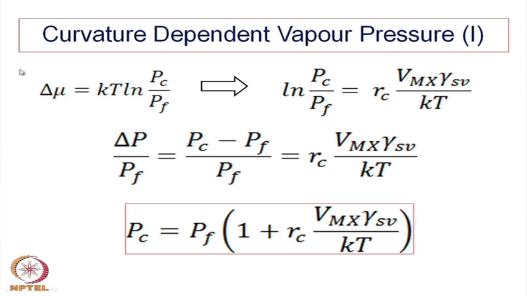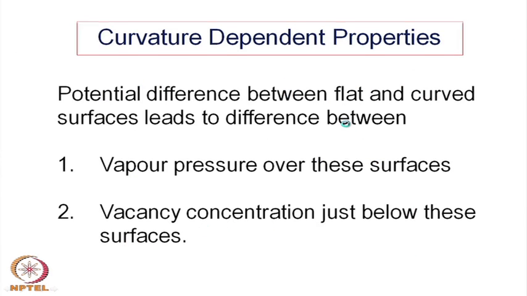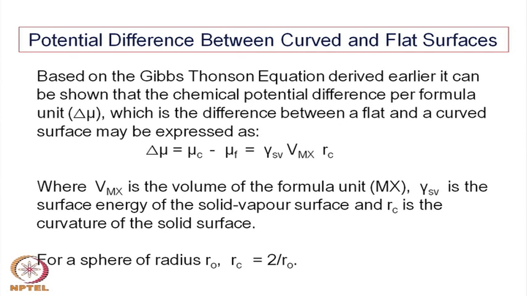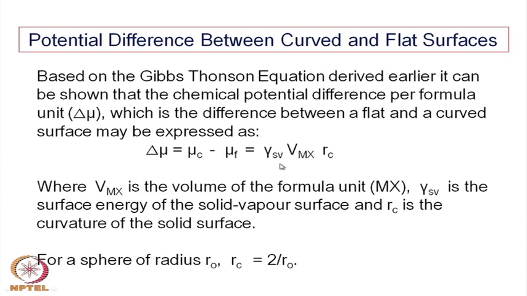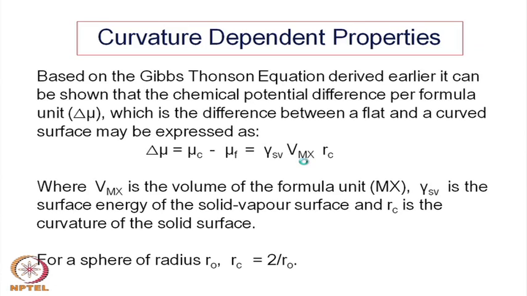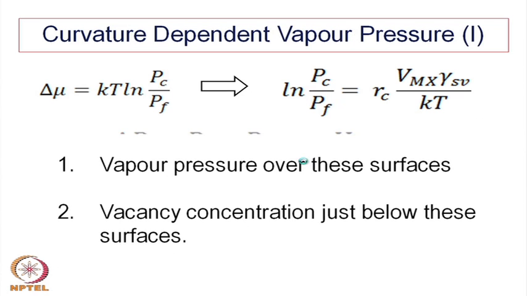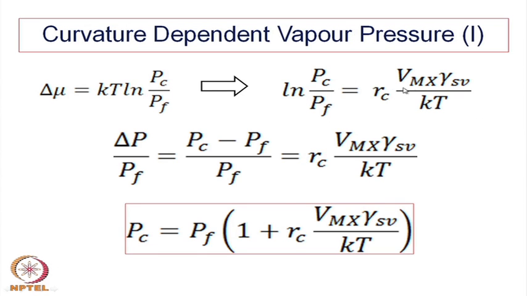So, that is delta mu, and this gives ln Pc by Pf equal to Rc. Now, delta mu has been expressed earlier, and from this also we get the expression Rc equal to Vmx gamma Sv by kT.